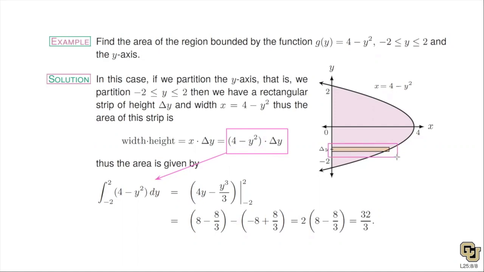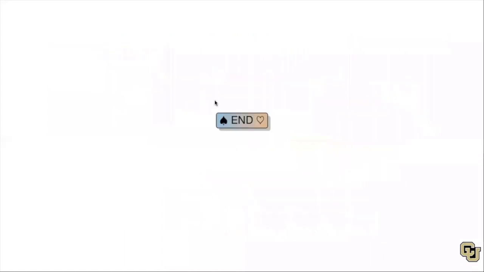That really helps me to figure out the area of the rectangular strip and also its bounds. So here, this strip has to go from -2 to 2. And the area of the strip is delta y times the width, which is 4 minus y squared. This ends the discussion of section 4.3 in the evaluation theorem, which is fundamental theorem of calculus part 2, which is fair game for the exam.